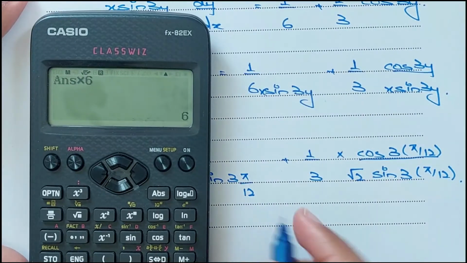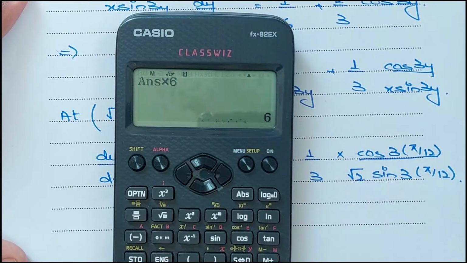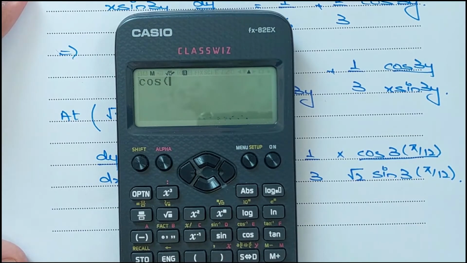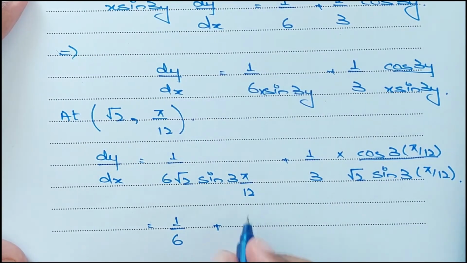Right, okay, and plus, this is pi by 12, we have cos pi by 4 divided by sine pi by 4 is 1, so this term is 1, so we are just left with 1 over 3 square root of 2.